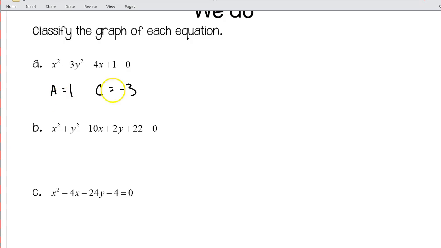And I see that they have opposite signs. If they have opposite signs, that means that A times C is going to be less than 0. Again, I really don't worry too much about this part. I just look and see, oh, these are opposite signs, so that means it's got to be a hyperbola. And after you do a bunch of these, you'll get the hang of it.